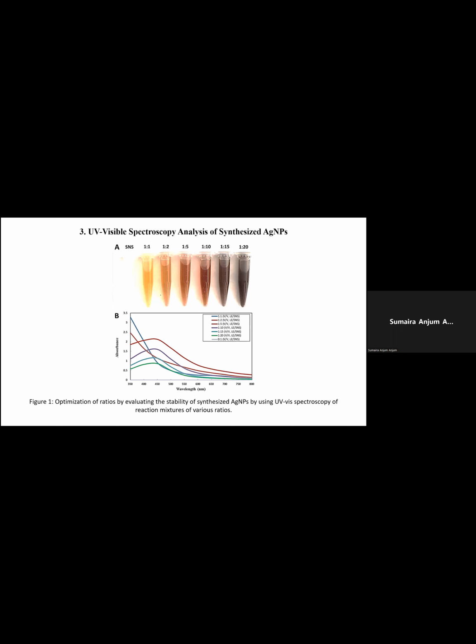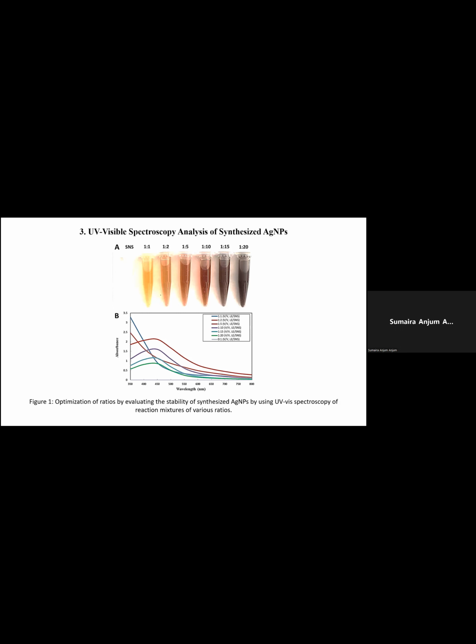But finally, we confirmed the synthesis of the silver nanoparticles in all these ratios by using UV-visible spectrophotometry, shown in figure B, the spectrographs of all these ratios. As we can see, the highest peak was observed in the case of the 1:5 ratio, and the 1:15 and 1:20 ratios, which show the greater color change, did not show any particular peak in the range of 400 to 500 nanometer wavelength, which is the surface plasmon resonance area specific to silver nanoparticle synthesis.